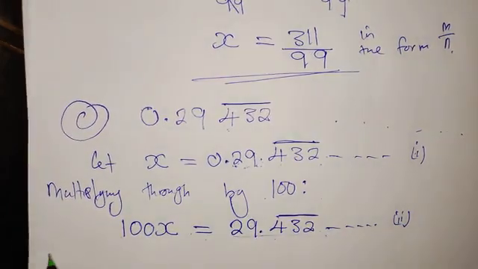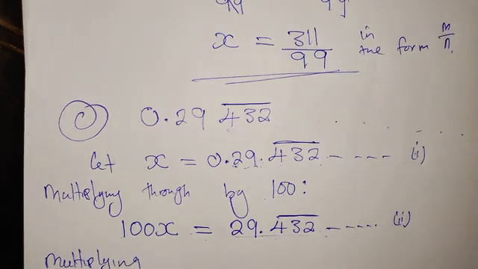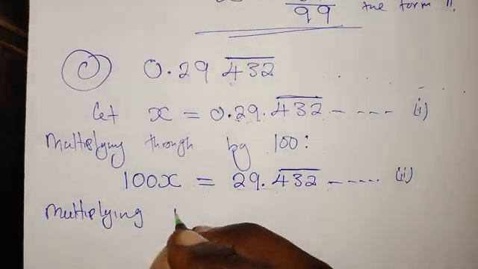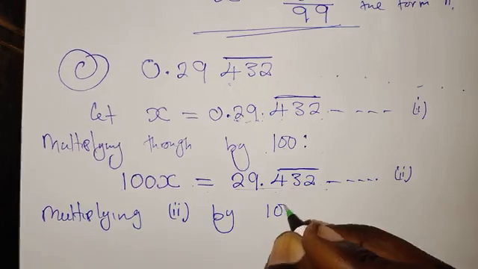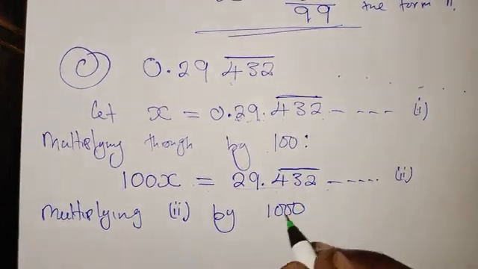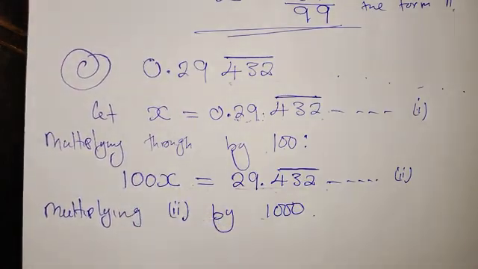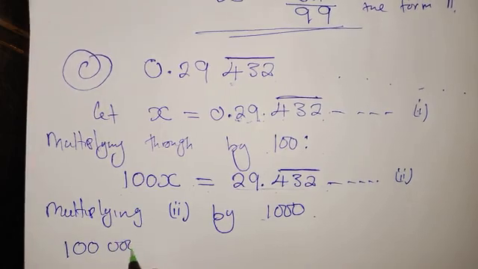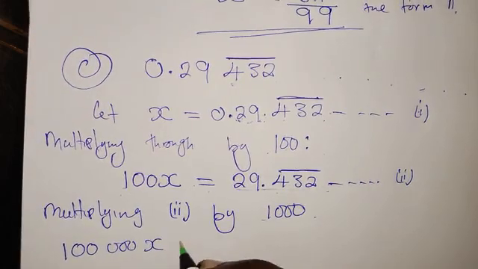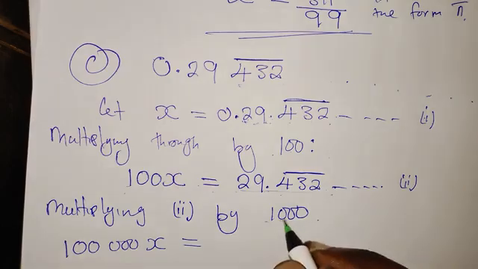So multiplying expression 2 by 1,000, this 1,000 times 100x, I'm going to have 100,000x to be equal to 29.432 times 1,000.